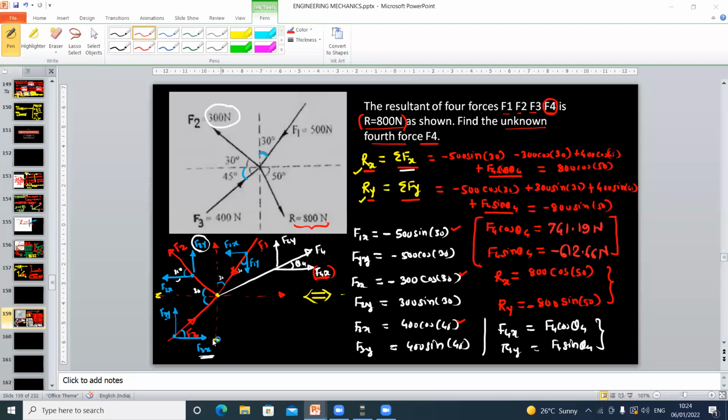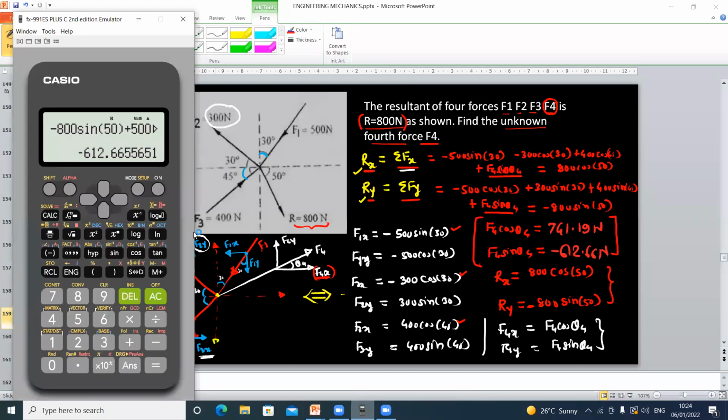Okay. Please check the first answer. F4 cos theta 4 is 741.19.